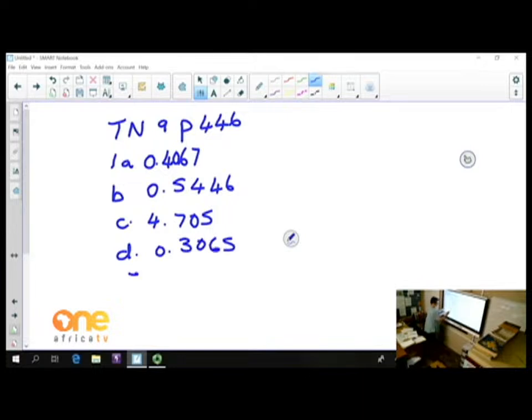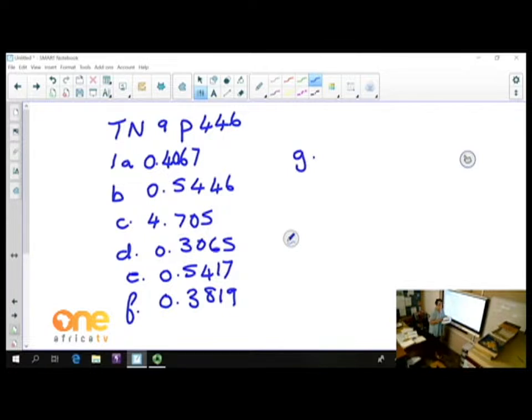0.3065. Number E, sine 32.8 is equal to 0.5417. Number F, tan 20.9 is equal to 0.3819. Number G, just pressing your calculators.